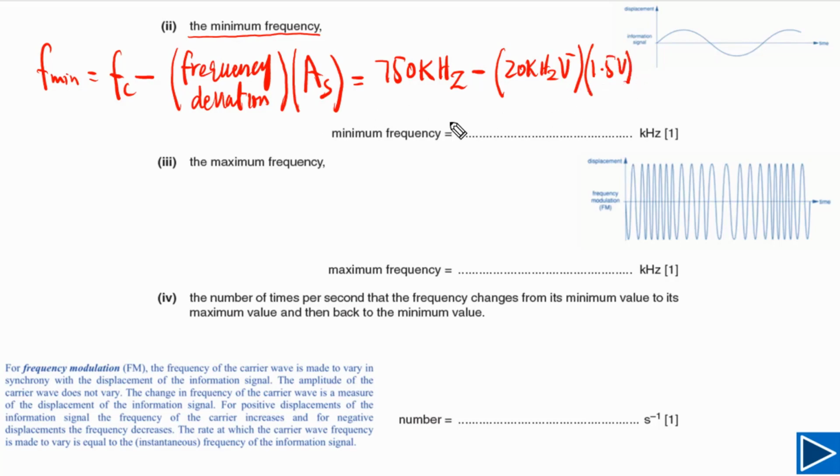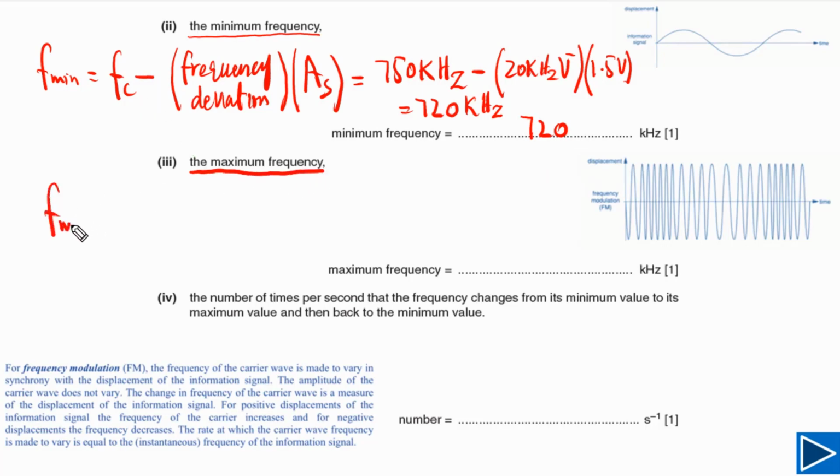If we solve this, our final answer will be 720 kilohertz, and this is the minimum frequency of the frequency modulated wave.